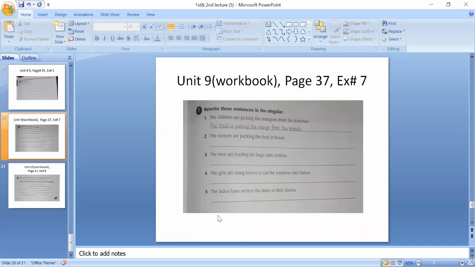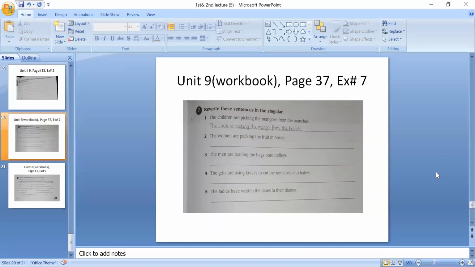Please, students, write it in the blank. The woman is. Are will be converted into is. The woman is packing the fruit in boxes, which will be converted into a box. Are all of you getting it? Women will be converted into woman. The woman is packing the fruit in a box.